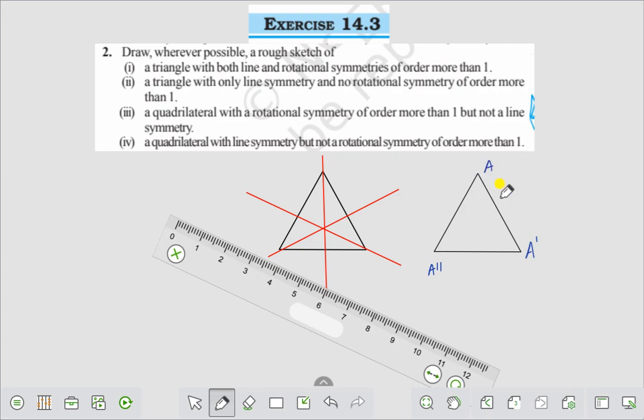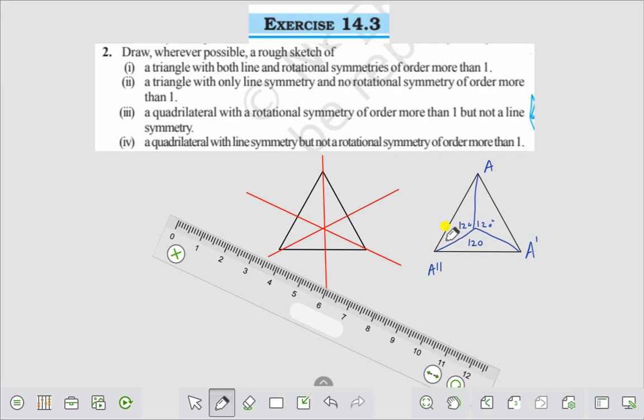That means if we rotate this one, it will be 120 degree. This is 120, this is 120, and this is 120 degree. That means if we rotate this one, this A will come at A dash, and again if we rotate this one, this A dash will come at A double dash.